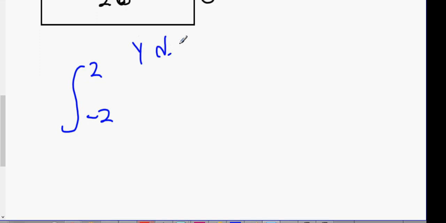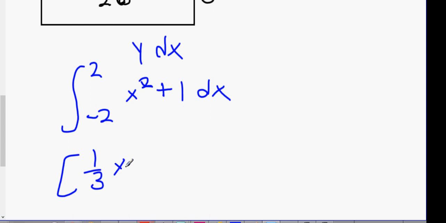What's the y value again? X squared plus 1, isn't it? Dx. Integrate. We get a third x cubed plus x. And would somebody be kind enough to do that on the calculator for me?